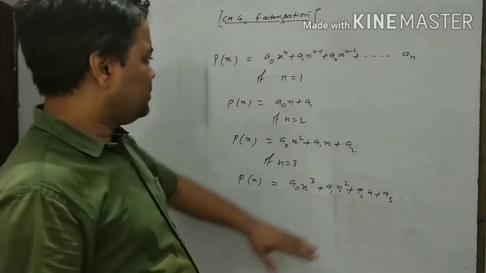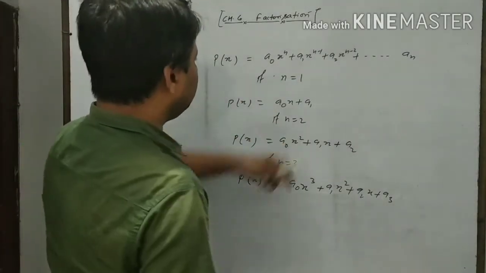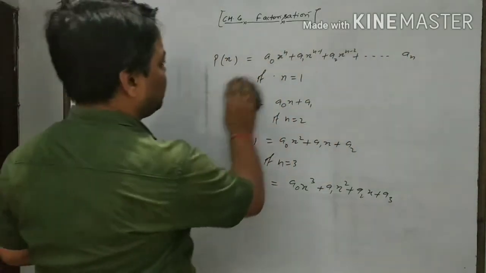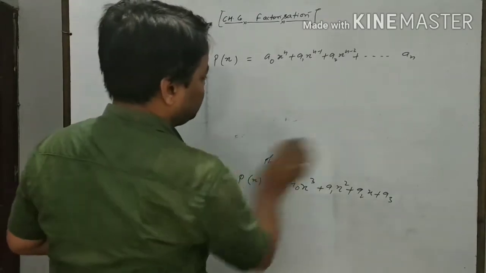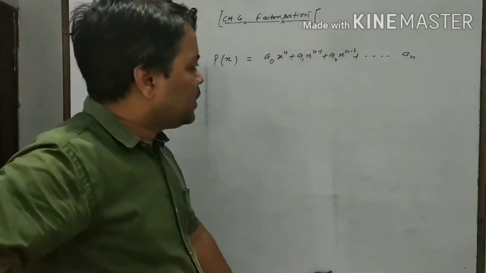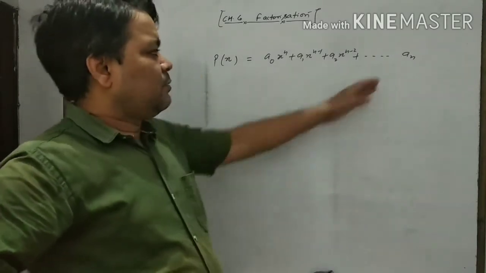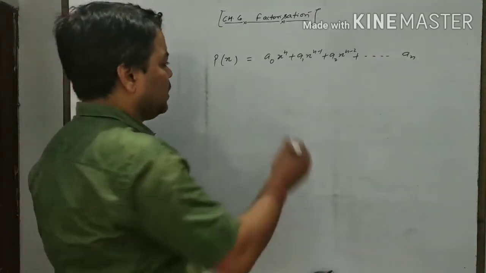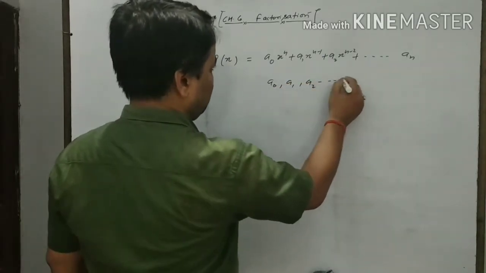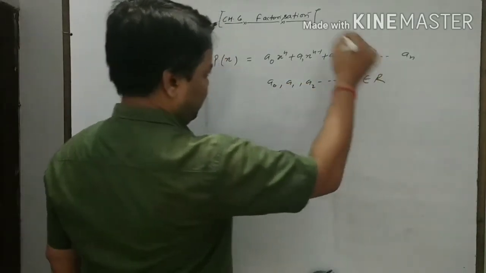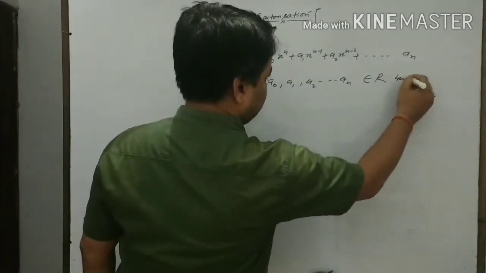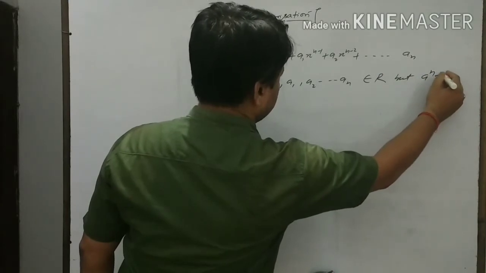So here, simply, we can write the standard form of the polynomial this way: Px is equal to a0 x to the power n plus a1 x to the power n minus 1 plus a2 x to the power n minus 2 up to an, where a0, a1, a2 up to an belong to the real numbers.